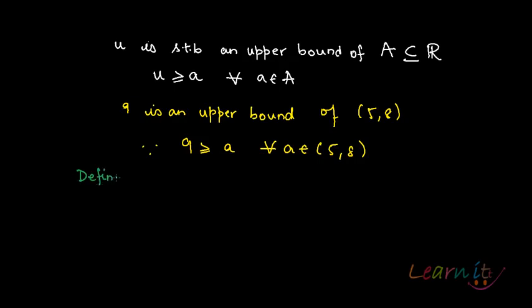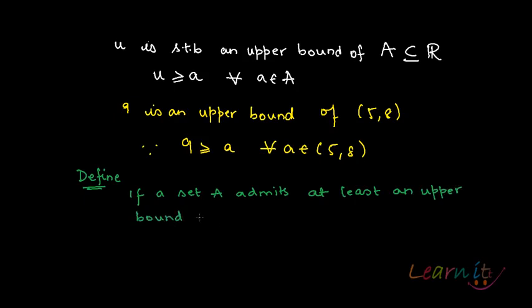Now we are in a position to define some things. Let's define: if a set A admits at least an upper bound, then it is called bounded above.